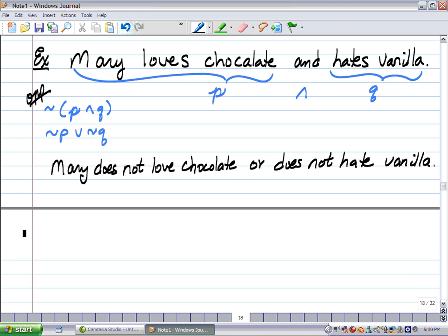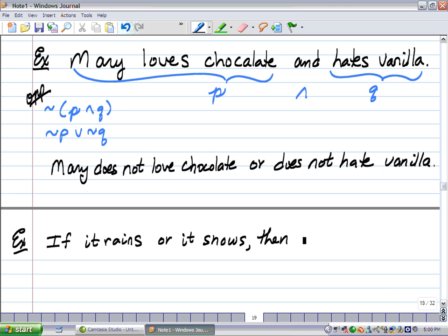Okay, so let's do another example of this. If it rains or it snows, then the laundry gets wet.